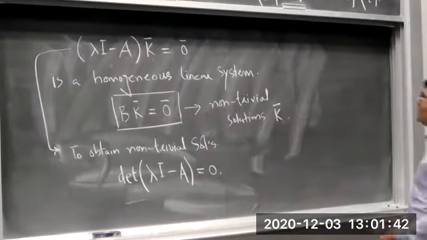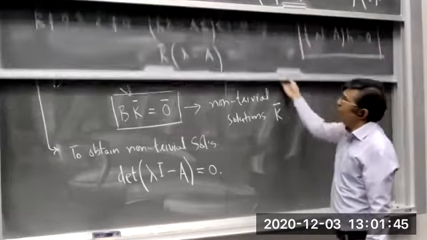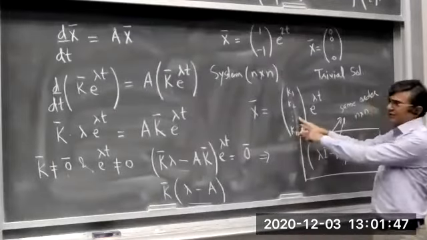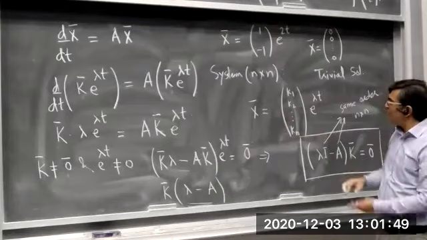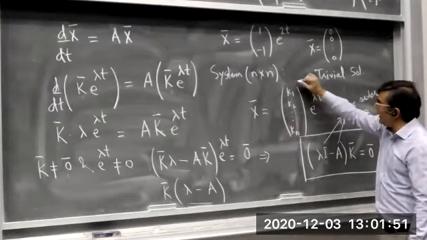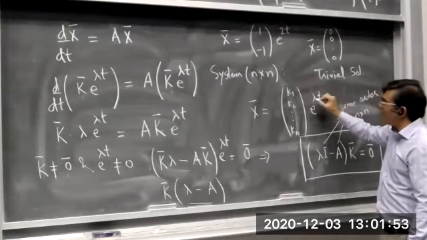Now, what did you assume? That the solution is of this form, which contains an unknown vector k and an unknown value of λ.